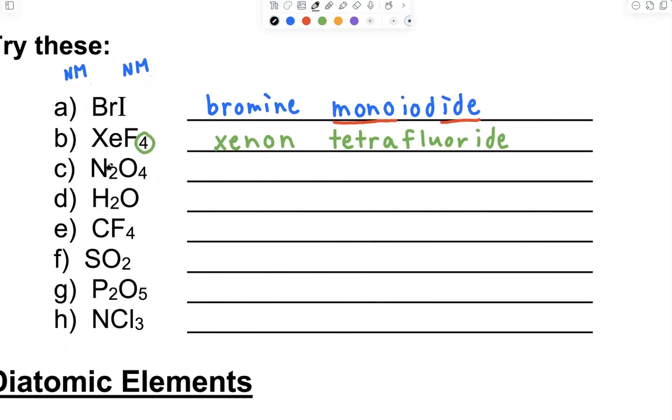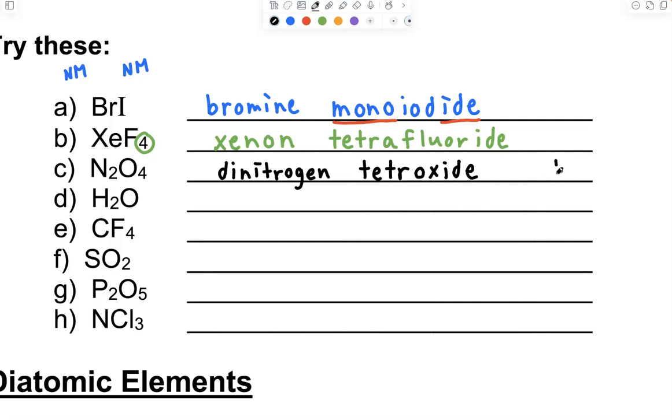Okay, next we have N2O4. Both of these, nonmetal and a nonmetal, nitrogen and oxygen. Since there are 2 nitrogen, we're now going to write this as dinitrogen. This is oxygen. Since there's 4 of them, we're going to write this as tetroxide.